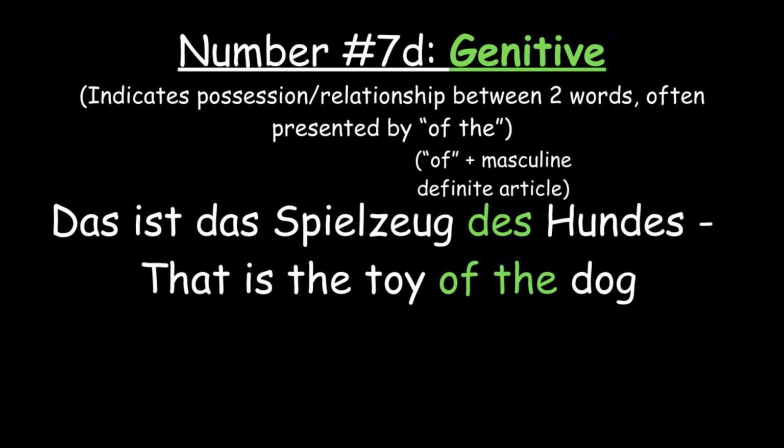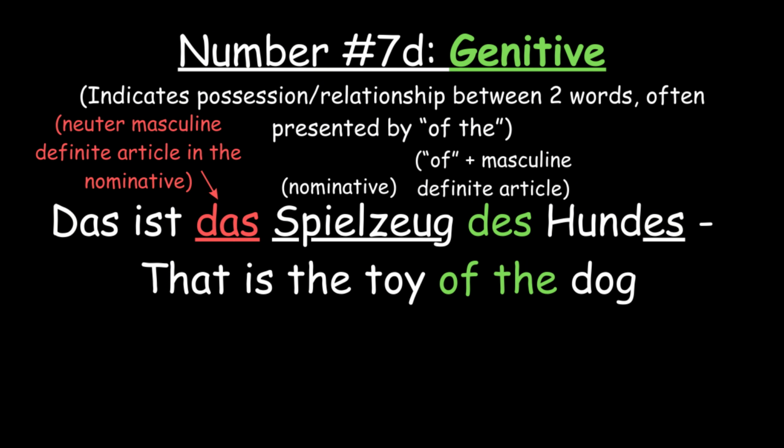We have the masculine definite article the, which becomes des in the genitive because it indicates possession. Even so, Hund is now modified to Hundes by adding s to the end of the word. Also, the noun Spielzeug is nominative because of the definite article das, which is the neuter article the.